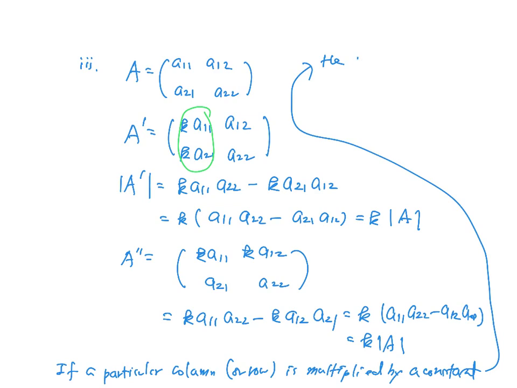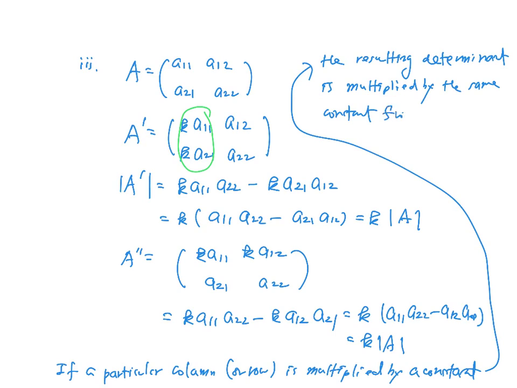The resulting determinant is multiplied by the same constant from the original determinant.